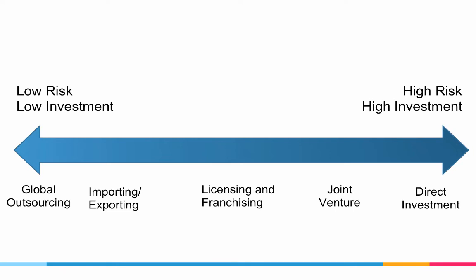Importing and exporting involves buying and selling goods across global markets. With licensing and franchising, a company allows a foreign company to use its name for a fee. Joint ventures are partnerships between two companies to serve a foreign market. And direct investment is the greatest risk strategy and has the greatest potential rewards.